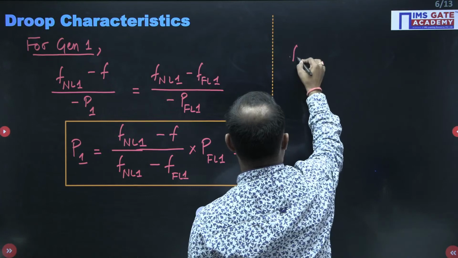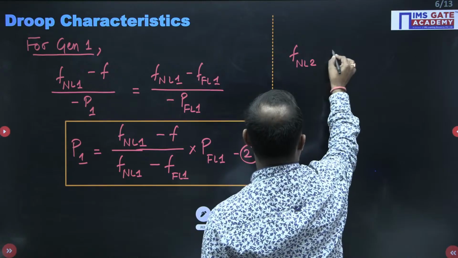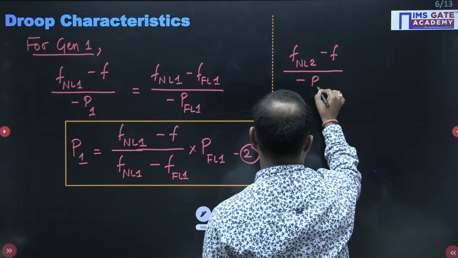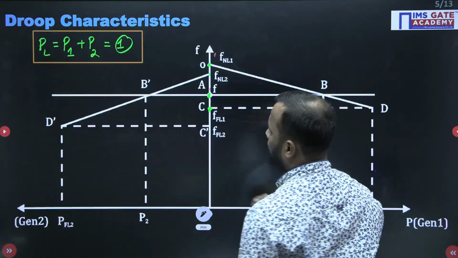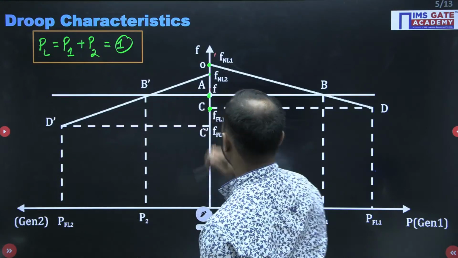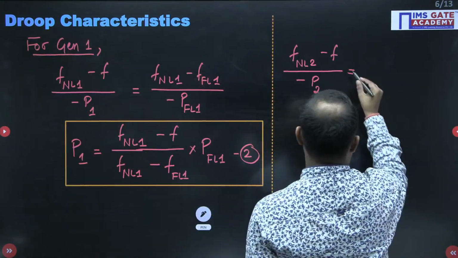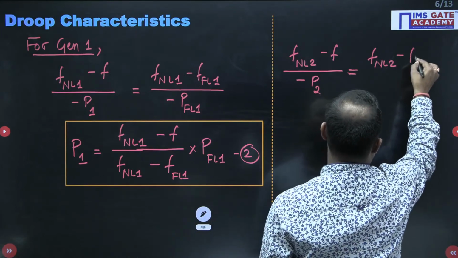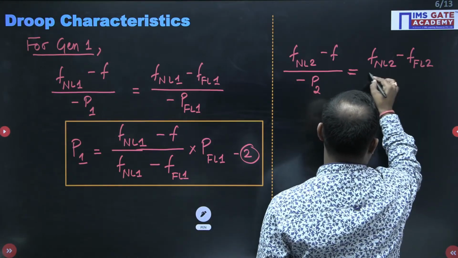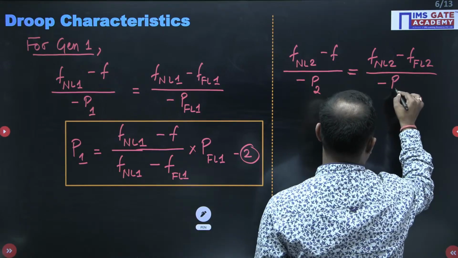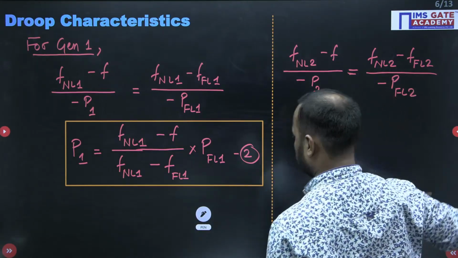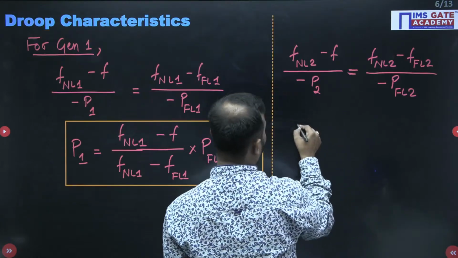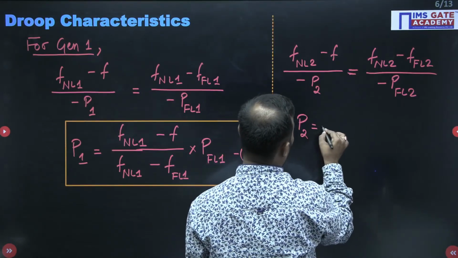So F no load 2 minus F divided by minus P2, this is equal to, now बड़ा वाला triangle, F no load 2 minus F full load 2 divided by minus P full load 2. Look at here, this one. ठीक है?